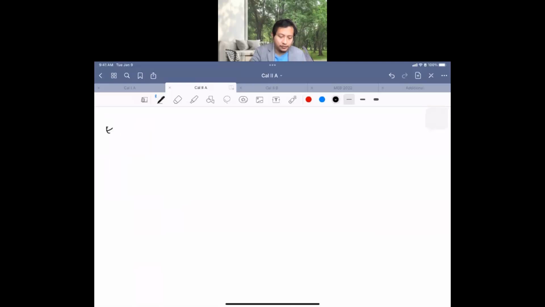Okay. We could write the evaluate triple integral. Let's say we have this E and then z dV.